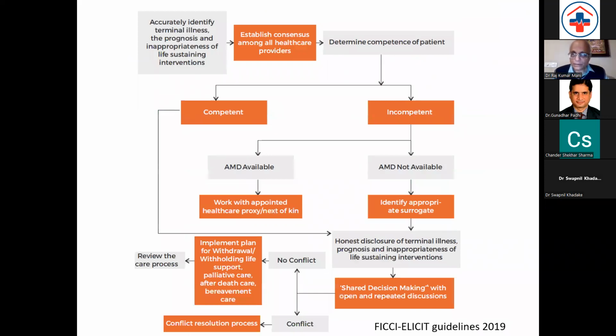Post 2018, when the Common Cause judgment validated constitutionally the refusal of treatment and foregoing of life support, and also the living will or advanced medical directive, we reframed this flow chart. Two bodies came together, FICCI, the Federation of Indian Chambers of Commerce, and the ELICIT End of Life Care in India task force, of which I am a member.